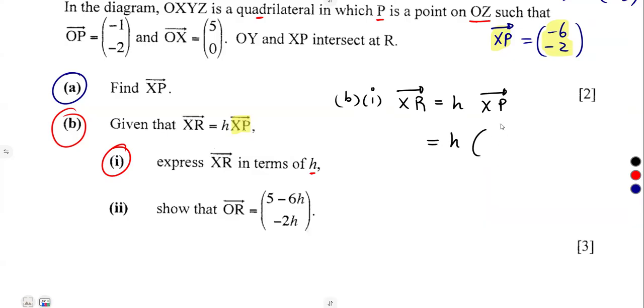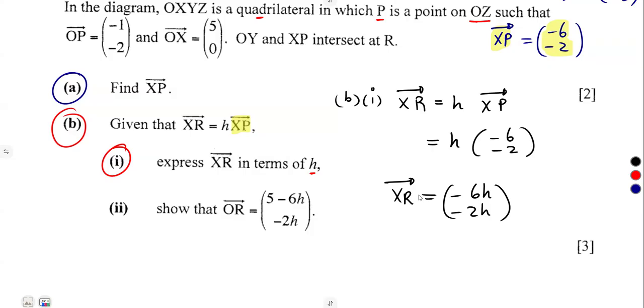So that's h times vector XP, which is this one, -6, -2. So multiplying by h, that's h times -6, that's -6h. h times -2, -2h. So that was going to give us the vector XR. Okay, so that is how we simply play around such typical questions.